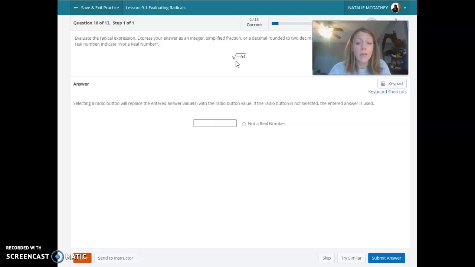Well, 8 squared is positive 64. Also, negative 8 times negative 8 is a positive 64. So there is no real number whose square will be negative, okay? Therefore, whenever you see the square root or an even index root of a negative number, that's going to be not a real number. We'll discuss complex numbers in a different section.